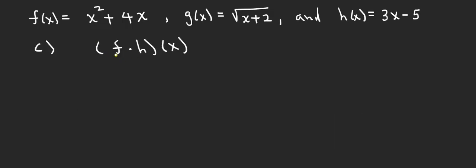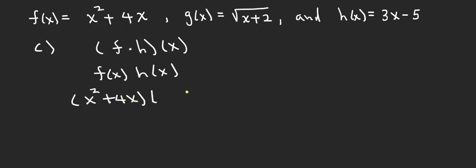Next, we have f times h of x, which is the same thing as f of x times h of x, which is quantity x squared plus 4x times quantity 3x minus 5. So we have to multiply this out.